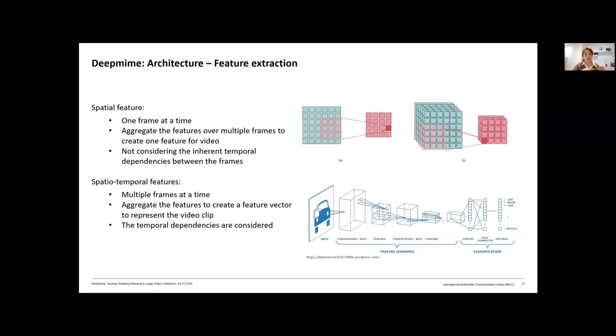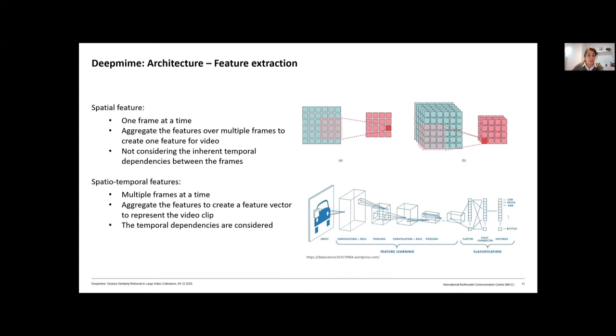However, the spatio-temporal features take multiple frames at each time into account, process them, and create one feature matrix for them, and then aggregate them over different strides of time and create one feature vector for this video clip at the end.